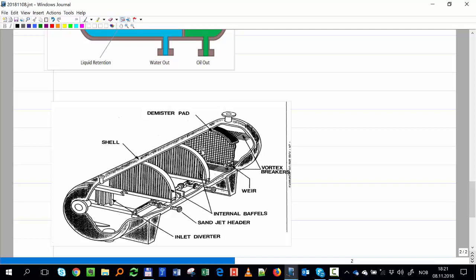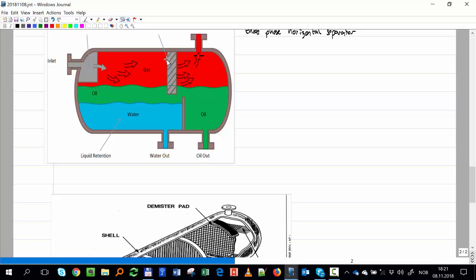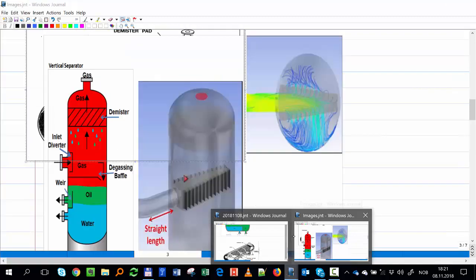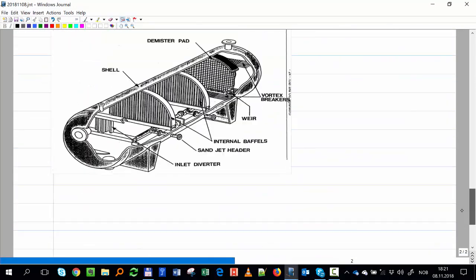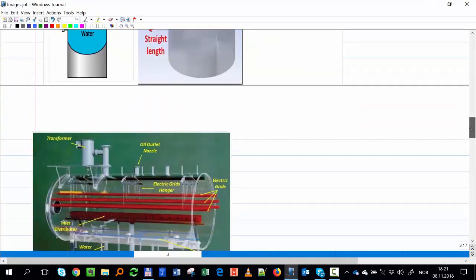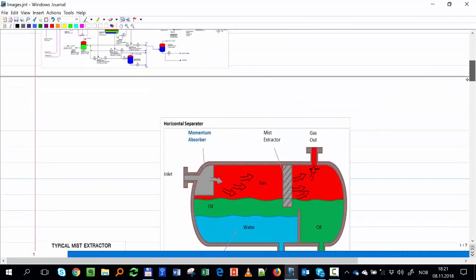Then you have these pads, which are the misting pads. The main function is to remove the droplets of oil or water from the gas before the gas comes up. This demister looks something like this.